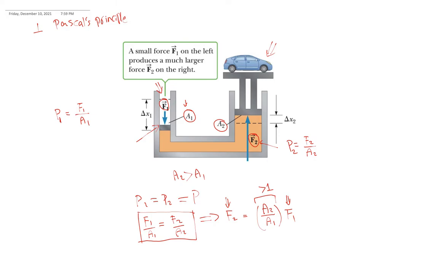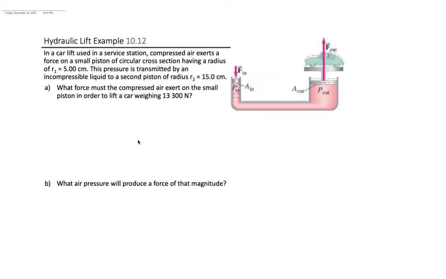Next, I am going to do an example. In this example we are given that there's a force you apply on this side. It has area A in, which is what I called A1 before, and then a force on the other side of this container is exerted on the car, that is F out.